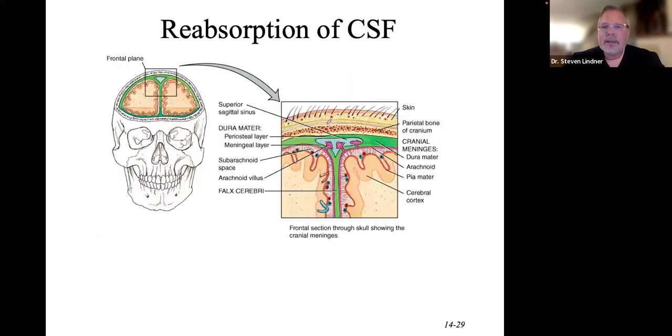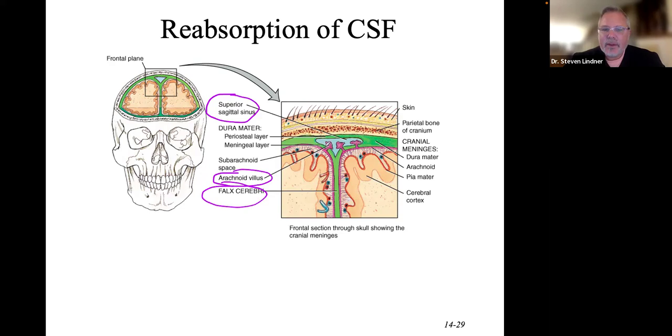Here is that superior sagittal sinus right up at the top. Here is the falx cerebri, that's dura mater, that's separating the two hemispheres. And within that superior sagittal sinus, or that dural venous sinus, that's where we have these arachnoid villi.